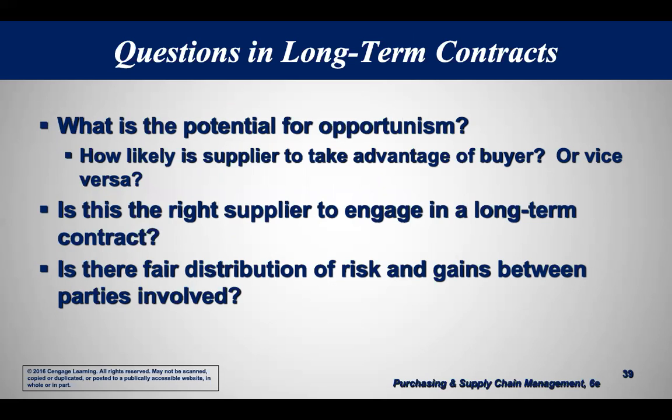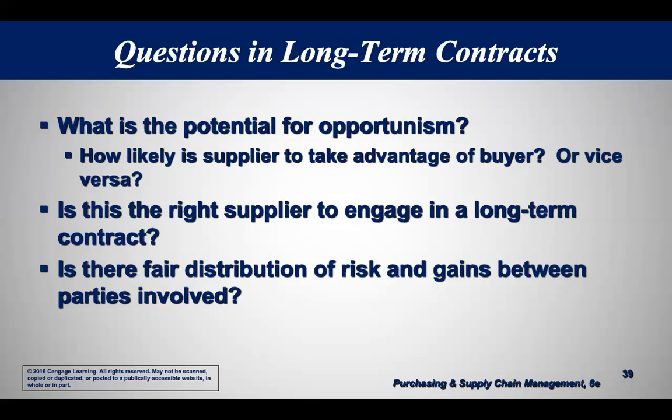Yes, I signed a contract with you, but something's just happened, and there's a huge demand for my product, and I've got another buyer who will pay me $600, so I can sell to him or sell to you. What do you think I'm going to do? So even though there's a contract signed, the supplier may come back to you if something has gone to their advantage, and they try to take advantage of you.